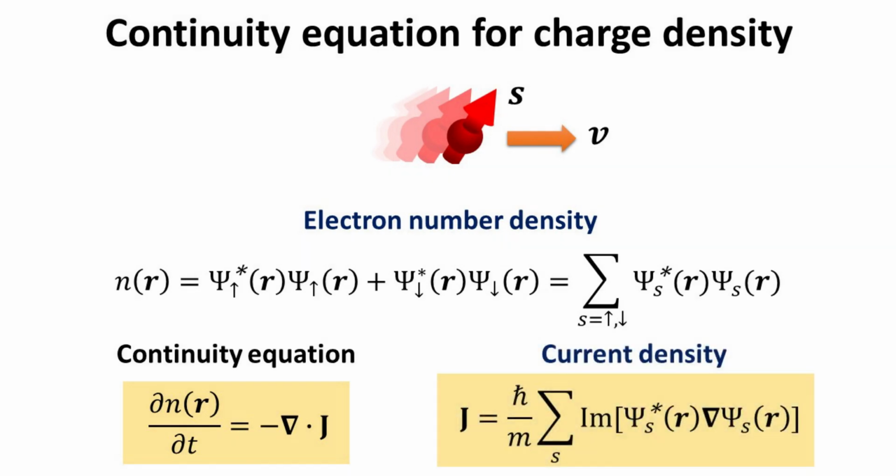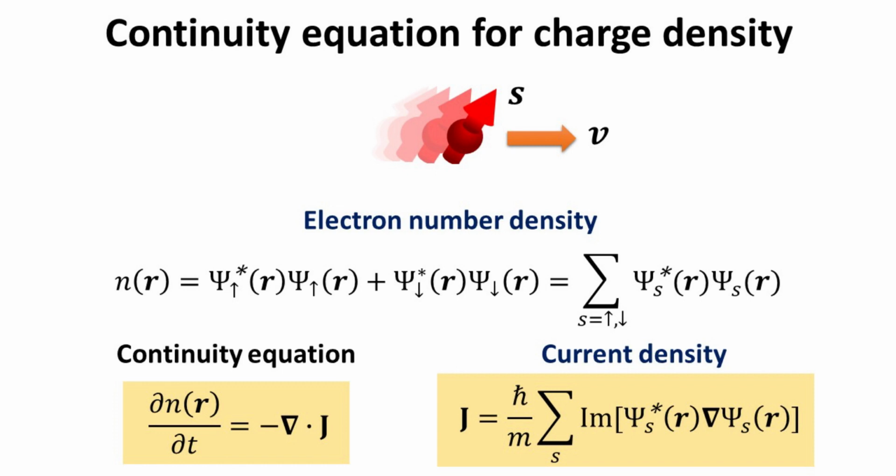Hence, any variation in the number density at location R is associated with a flow of probability density. This is precisely what a local conservation law tells us. Probability density cannot be destroyed or created from nothing. Any change in probability density is associated with an inflow or outflow that accounts for the variation.